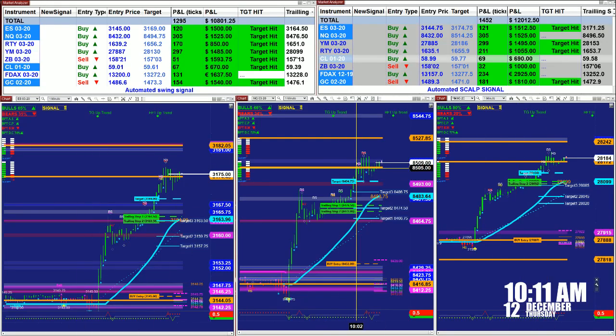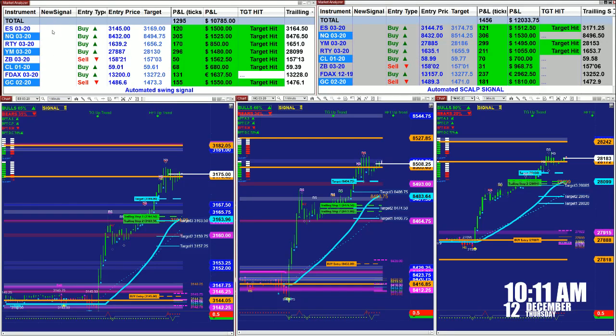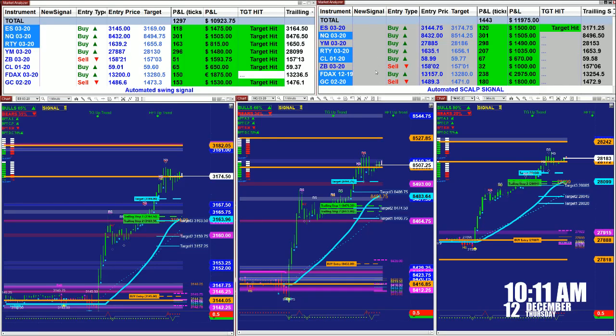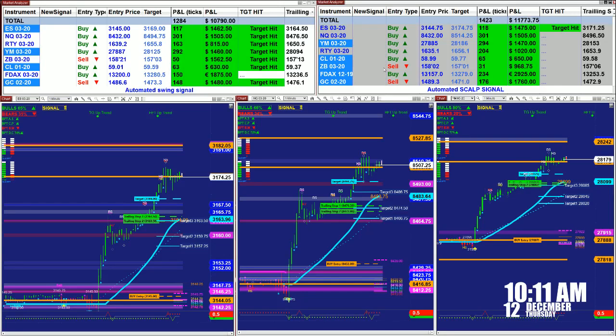For the ones that are new, what you need to do is look at the first column here. It says a new signal on the first column on the left corner if you want to follow the swing trading. And if you want to follow the scalping automated trade, then you look at the first column right there, and you will see a new signal pop out, and this is what you need to follow.